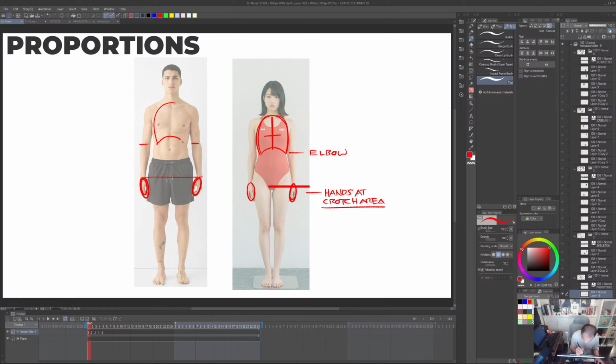So if we draw a rib area over here, that's basically where our elbow is going to be. The bottom of the rib is where our elbow is gonna go, right? Elbow. You get it.